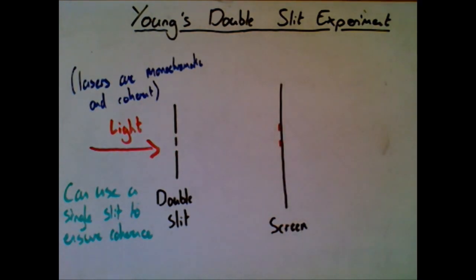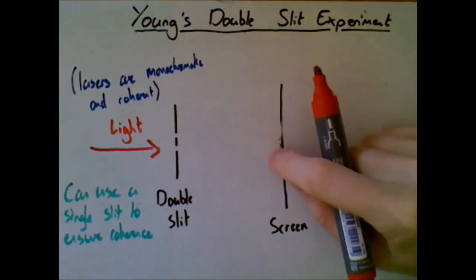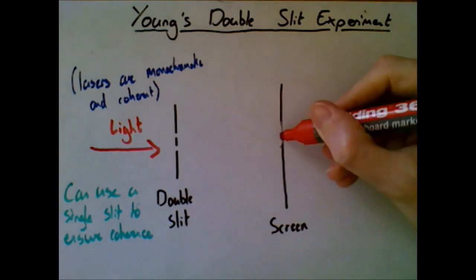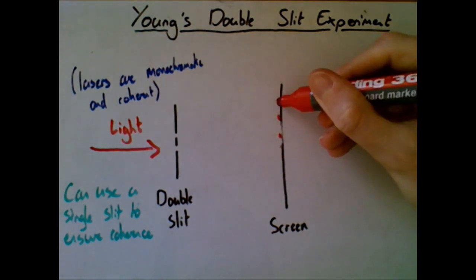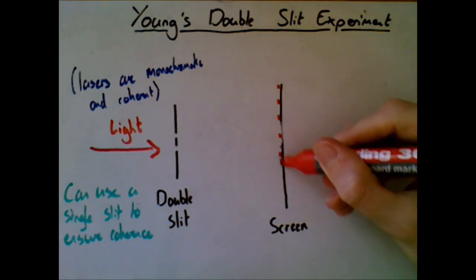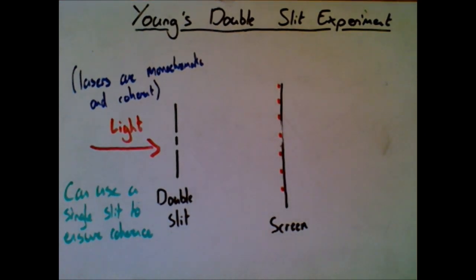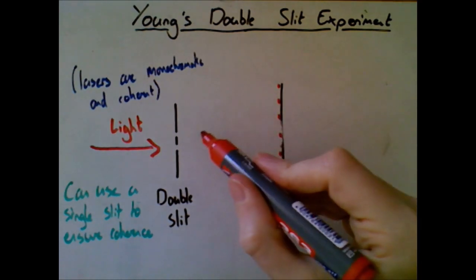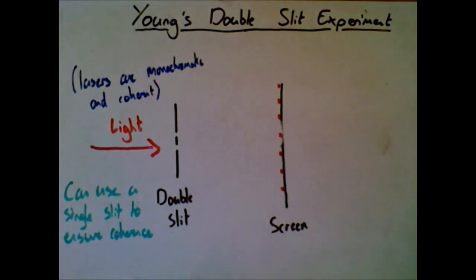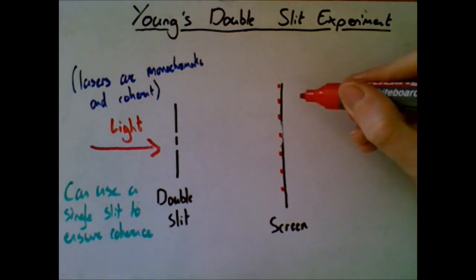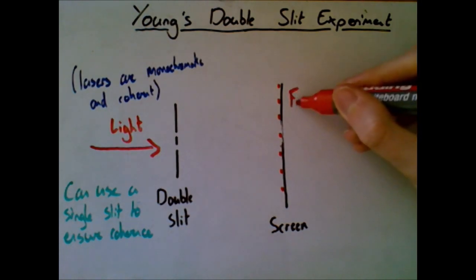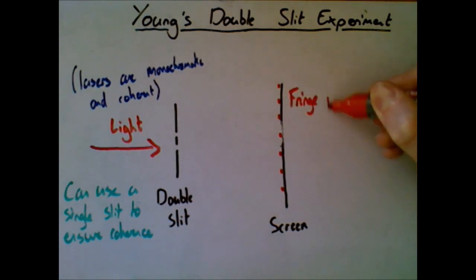But hopefully you can see from what we talked about before that actually what you would expect to find is a series of maxima and minima. Okay, the red dots there representing maxima because light here is going to interfere. Okay, you get interference occurring, and so what you see is what we call a fringe pattern.